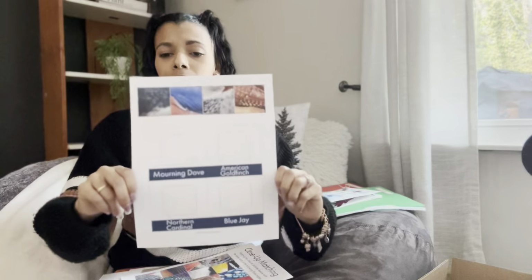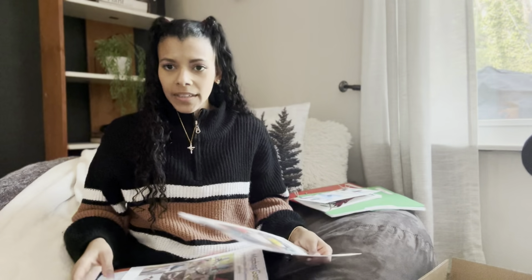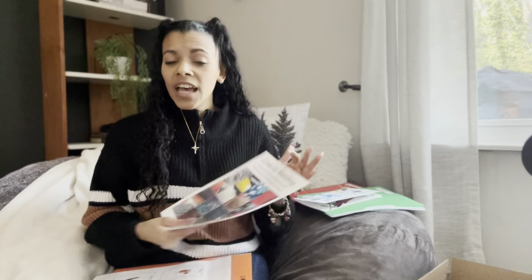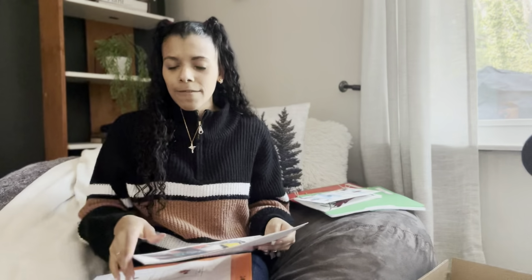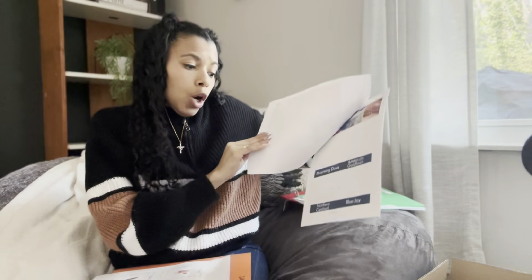Now these have the bird's name, and yes, it is too advanced for my children, but that's the one thing about being at home and teaching yourself, is that you can always tweak whatever information you get. I was able to get this from Etsy, and of course, like I said, it is advanced for my children, but I'm going to tweak it in a way where my children can still use it, and eventually, as they get older, as they fully learn to read, they are able to still use it.